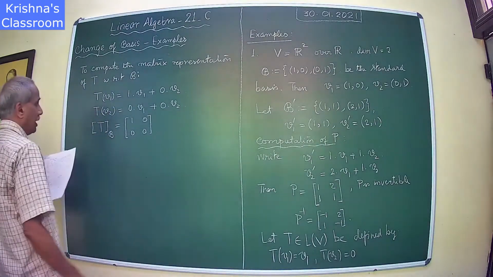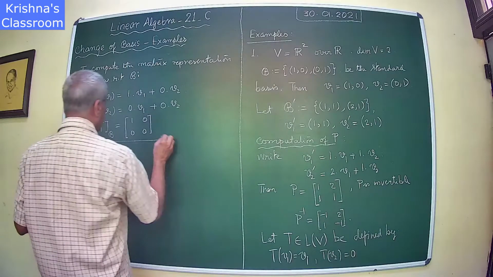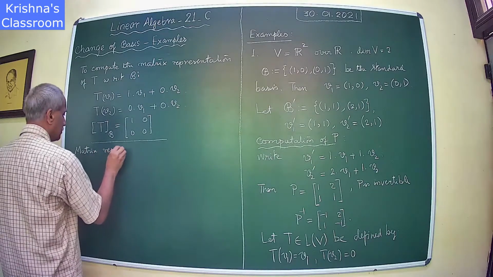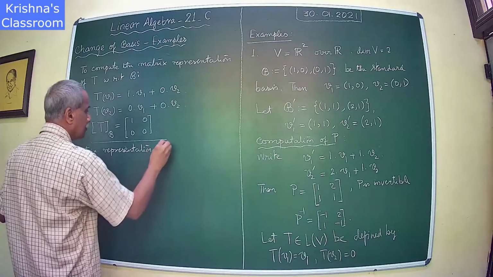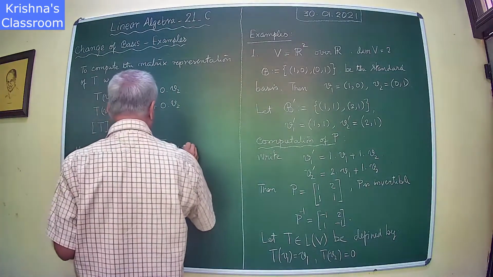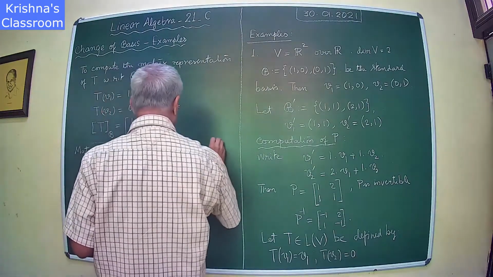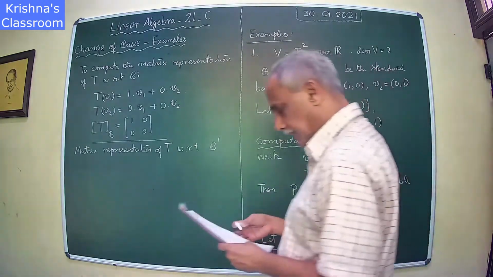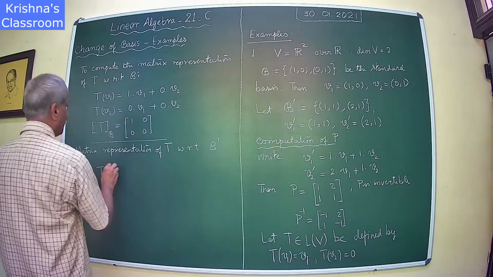Now we compute the matrix representation of T with respect to B prime. So for that, what one does is this. What is T V1 prime? What is V1 prime?